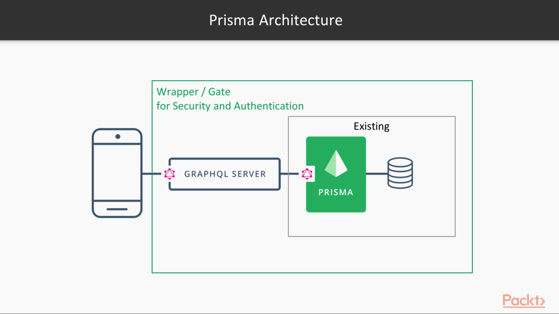So in this video we saw how we could create a new project which also brought us this additional server, which is our wrapper or gate in front of our existing database. And we also saw how we can wire up the specific query so that our new GraphQL server fetches the specific information from the database.